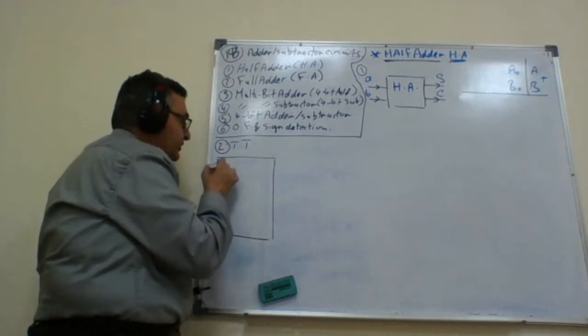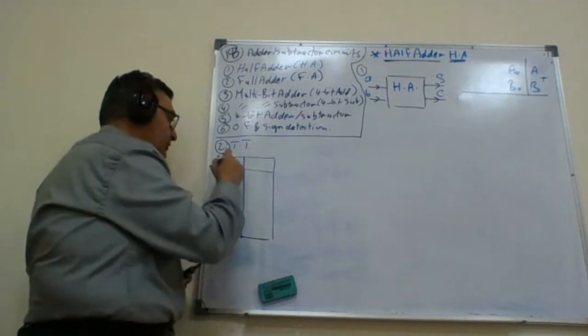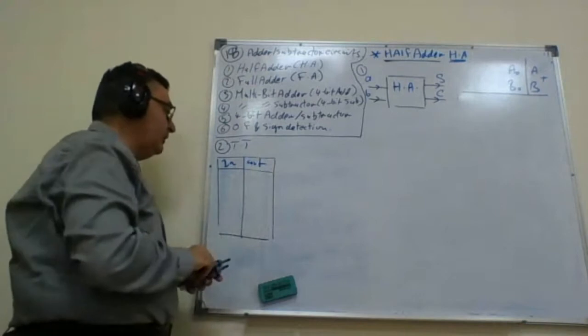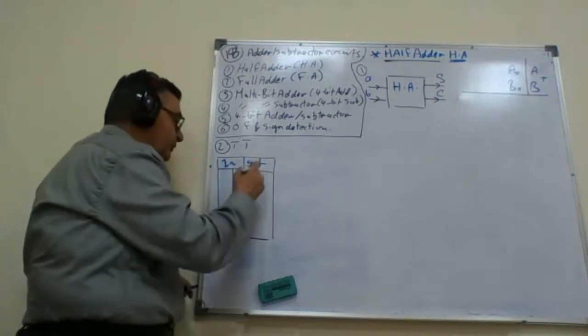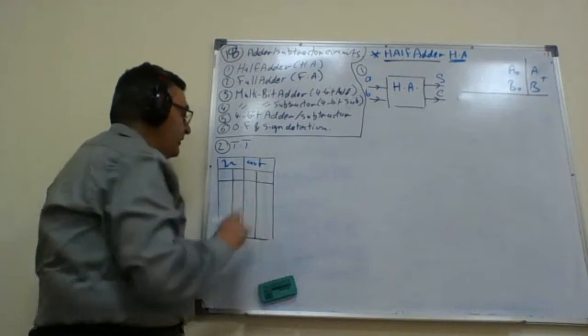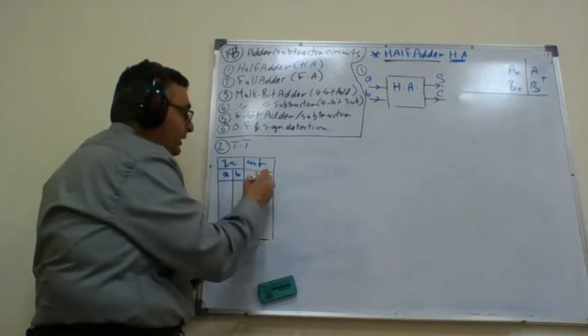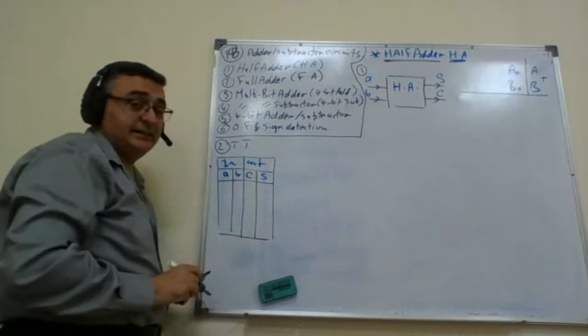It contains inputs and outputs, with two columns for the inputs and two columns for the outputs. We agree that we will call the inputs A and B, and the outputs S and C.